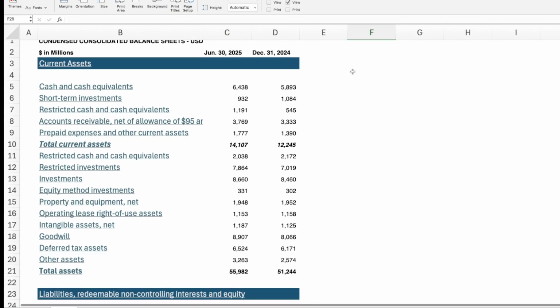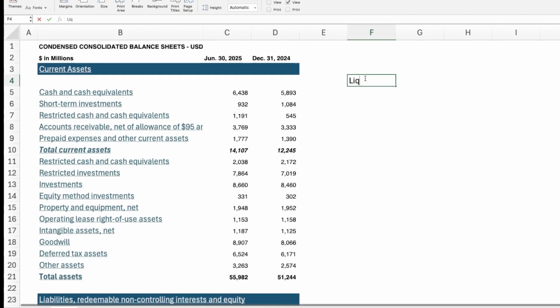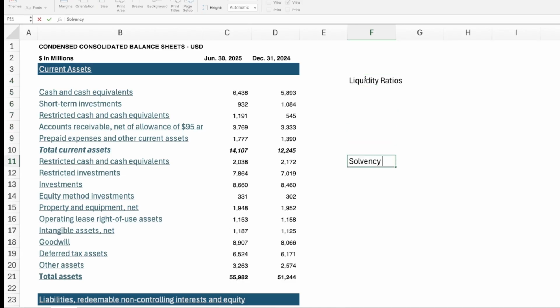Okay, so we're going to be looking at liquidity ratios, and afterwards we'll be looking at solvency. We'll address them as we go on. In the liquidity section, we're looking at the current ratio, the quick ratio, and, come down a bit, the cash ratio.